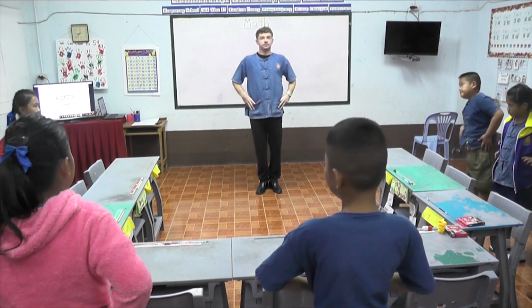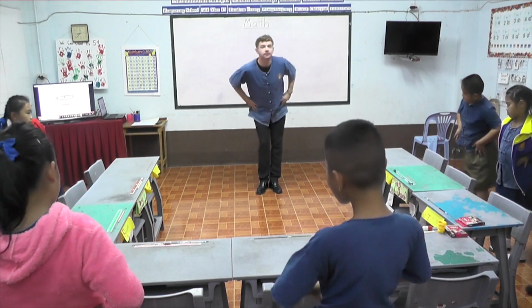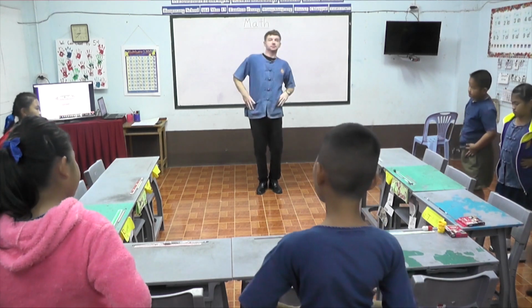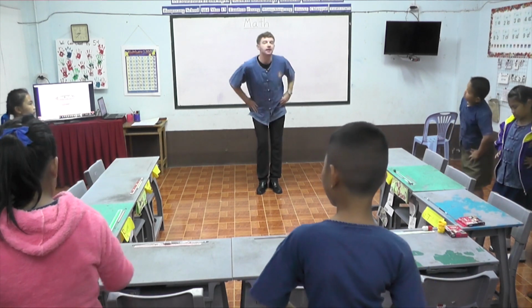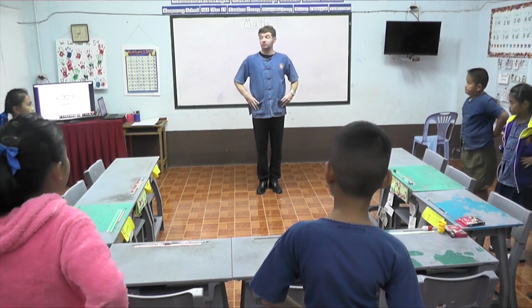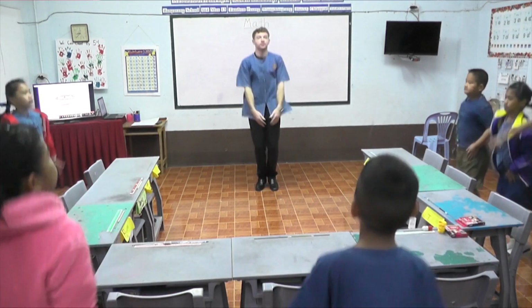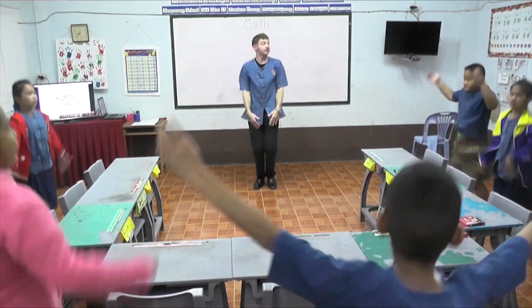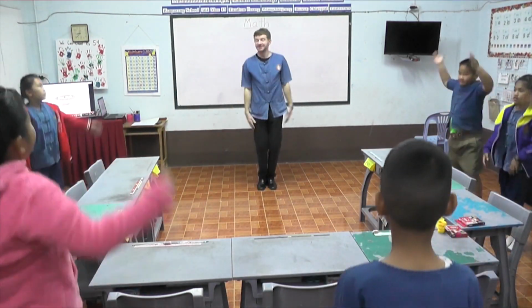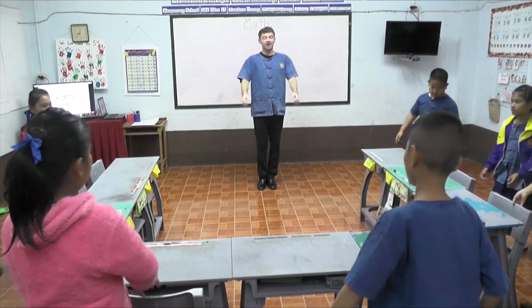Stop. And then we can go back the other way. And stop. And to finish, we'll do 5 star jumps. 1, 2, 3, 4, 5. Excellent, guys. Have a seat.